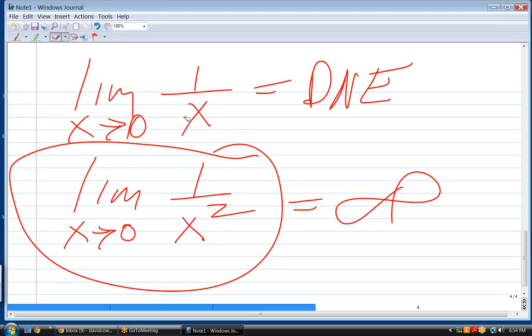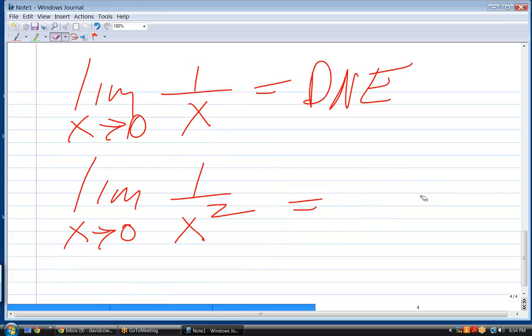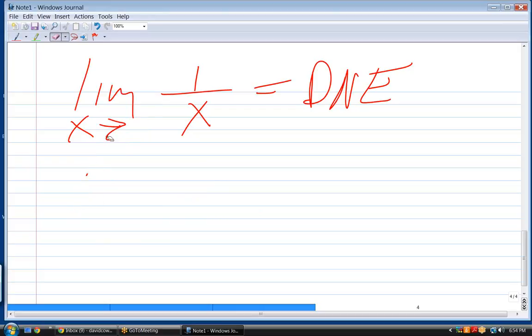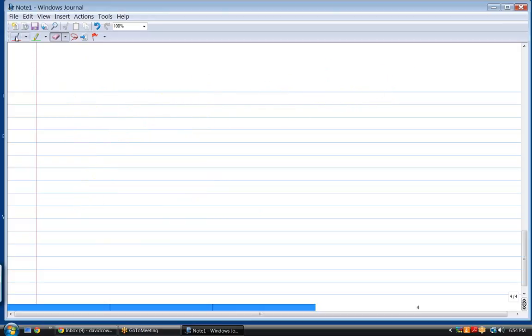But that's a distinction that they will rarely tell you about. My calculus book does mention this example, and it does say they can make no claim to this limit, the top one, but they can say this one exists for sure. And that's the difference between infinity and does not exist. Not exactly the same. And up until now, they've been telling you that they're the same.